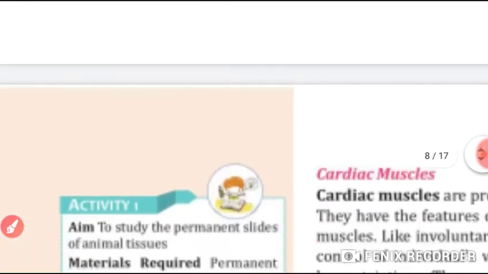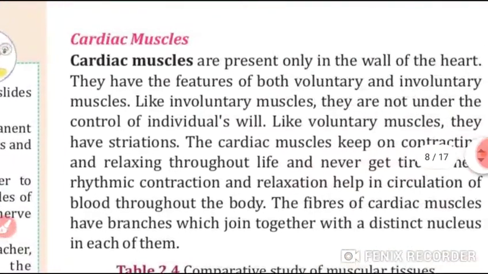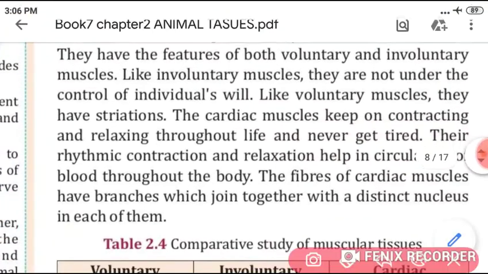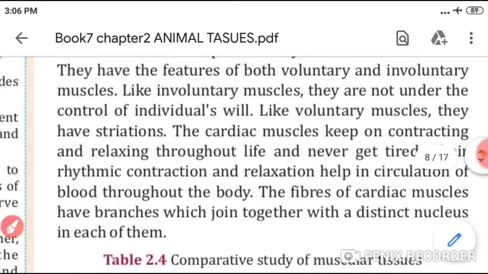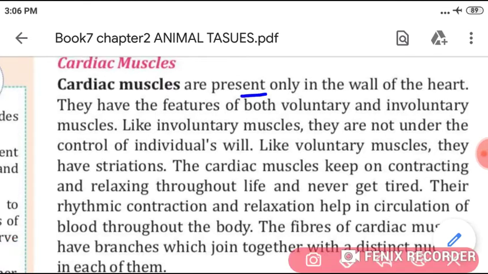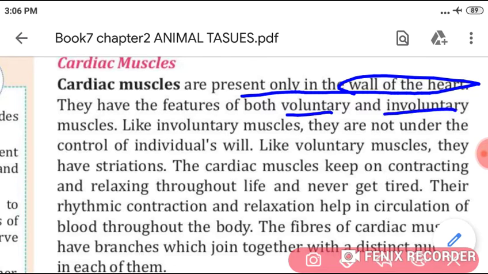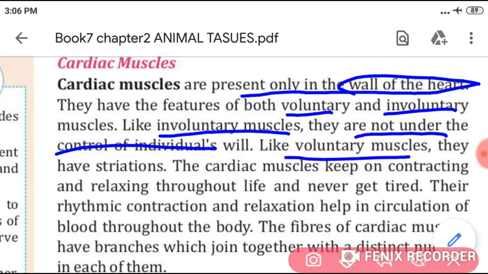Okay, now listen about the cardiac muscles. Students, cardiac muscles are present in the walls of the heart, and they have the features of both voluntary and involuntary muscles. Like involuntary muscles, they are not under the control of individual will. Okay, but like voluntary muscles, they have striation. Clear how they have the features of both?